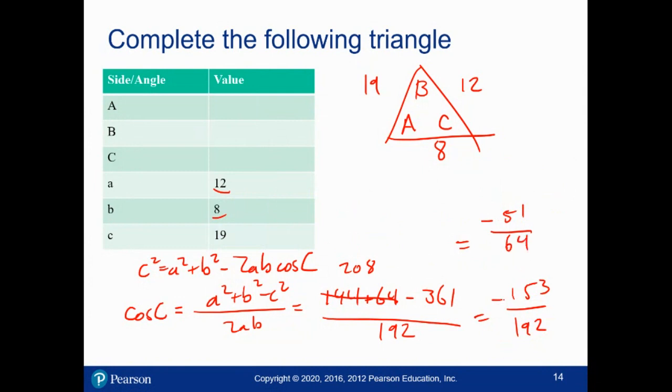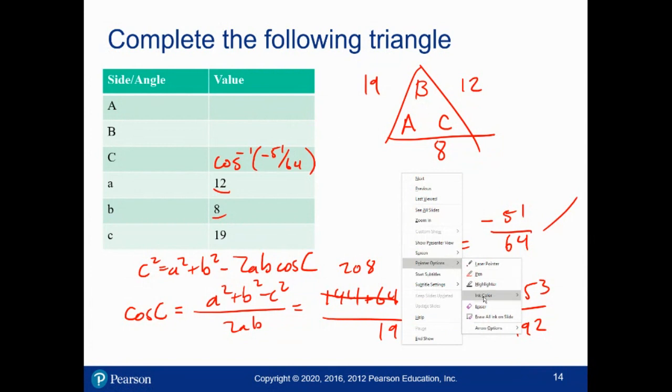Let's see, 51 is actually divisible by 3. 64 is not. So the only other factor of 51 is 17, it's 3 times 17, and 17 is definitely not a factor of 64, so this is reduced. Okay, but that's the cosine of C, which means C, I'm just going to come right to the table, is the arc cosine of negative 51 over 64. So now we have found the angle C.